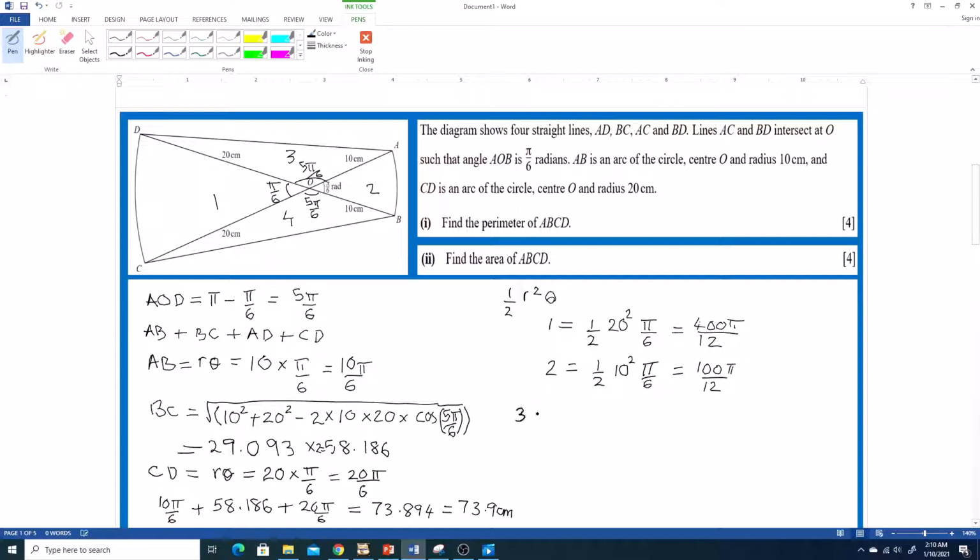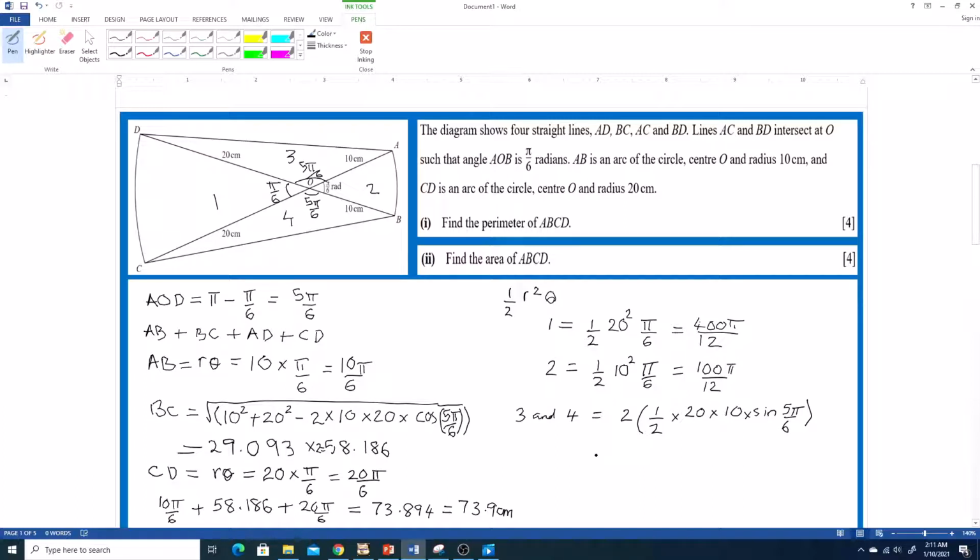So 3 and 4 equals 2 times a half AB sine theta. A is going to be 20, B is going to be 10, and then theta is 5 pi over 6.